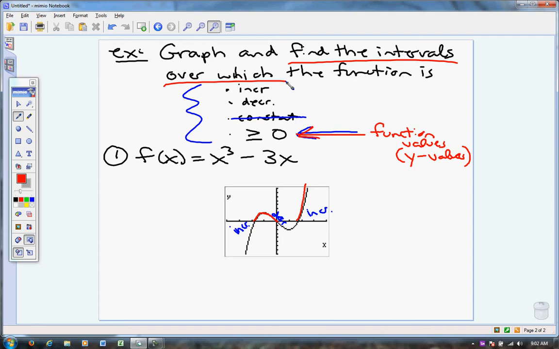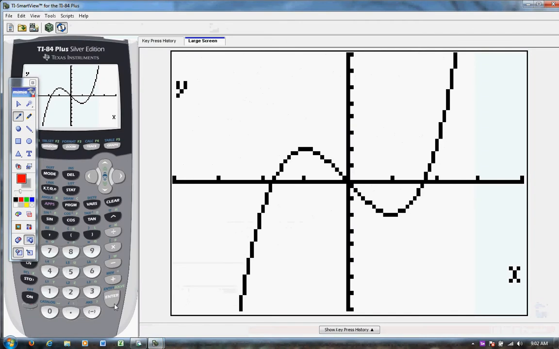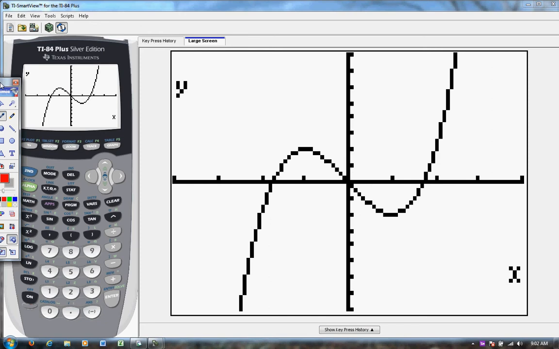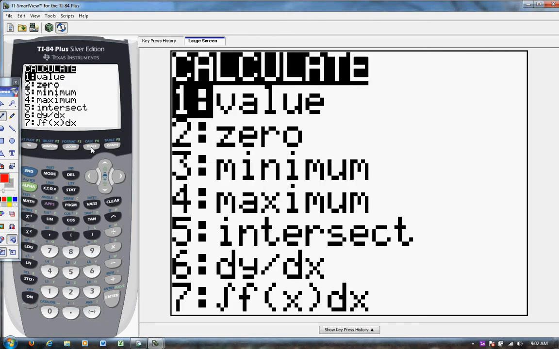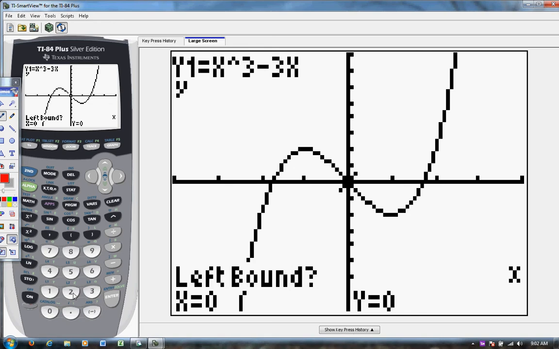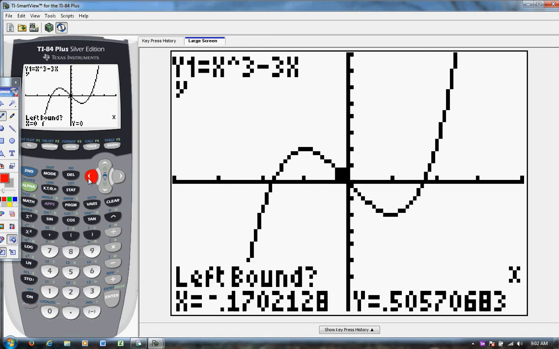The answer to this question is going to be which x values give me the y values where it's positive, where it's greater than or equal to 0. So let's go back to my graphing calculator. And it looks to me like I need to calculate zeros. All right? So I will go to second trace, and we're going to calculate some zeros. I think it's easy to see that one's 0.